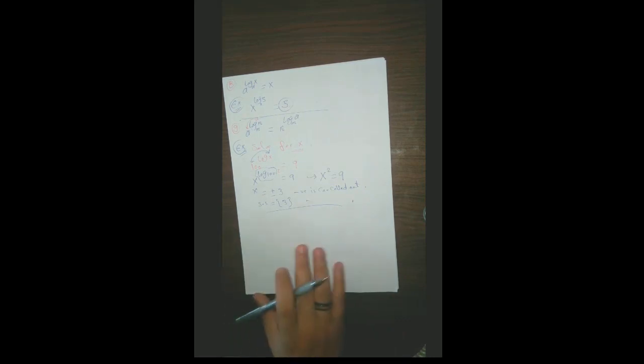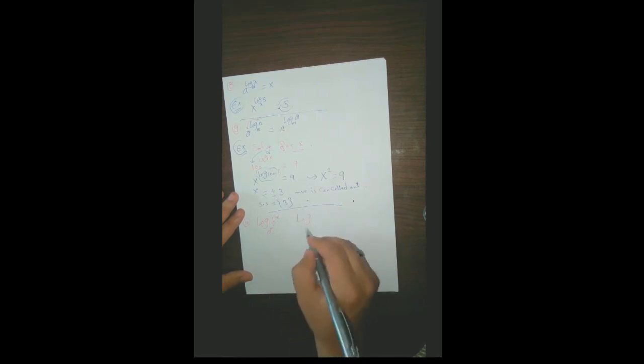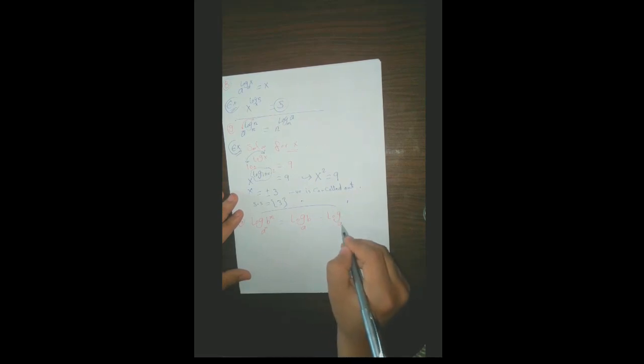Property number 10, also a very important property, is that log base a to the power m of b to the power m is the same as log base a of b, which is the same as log base a to the power n of b to the power n.